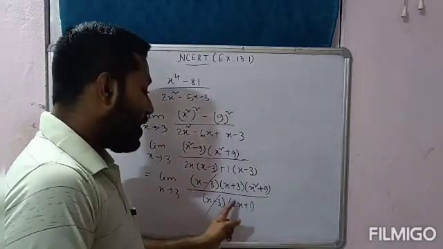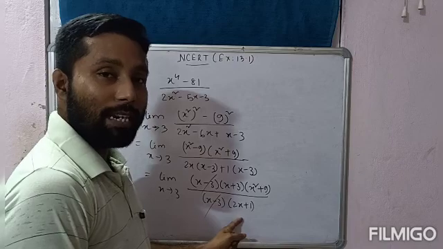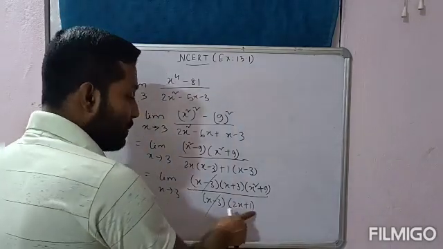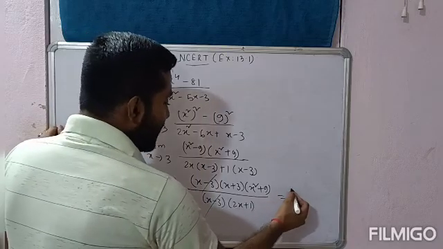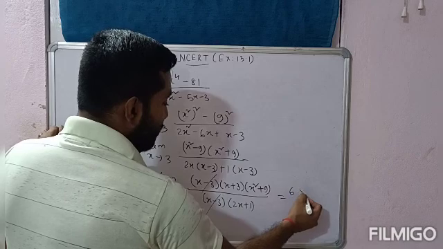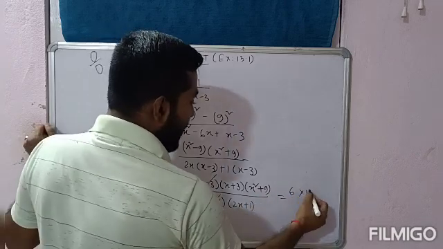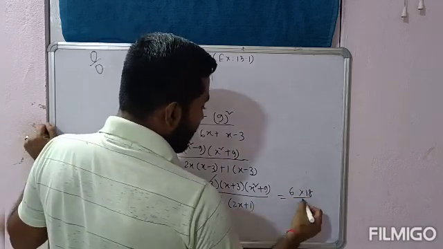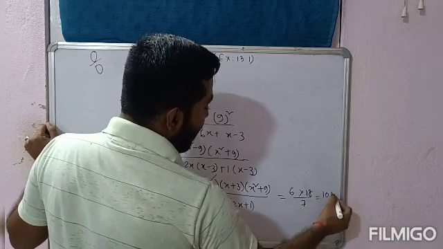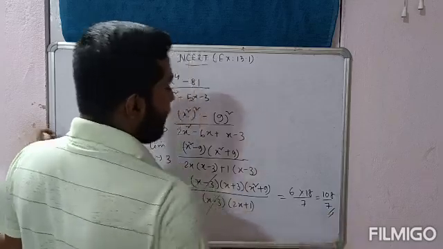Look at the denominator, it will be definite only, right? 2 into 3, that is 6, plus 1, 7. So here 3 plus 3 is 6, into 18, divided by 7. So this is equal to 108 divided by 7, which is a definite value.